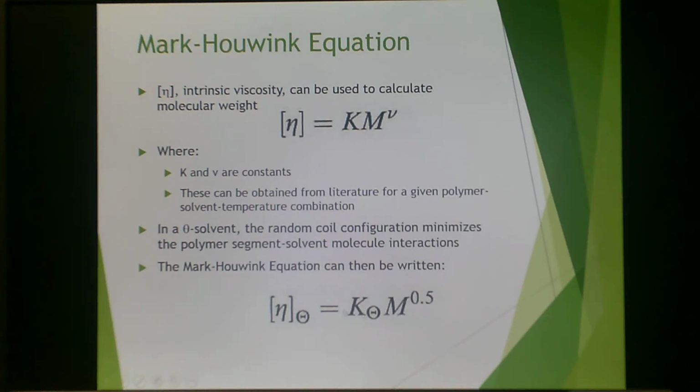So the intrinsic viscosity at the theta condition is K theta times molecular weight to the 0.5. This is a way you can relate intrinsic viscosity to molecular weight. And you can do this experimentally using a dilatometer or bubble viscometer or viscosity average molecular weight determination.